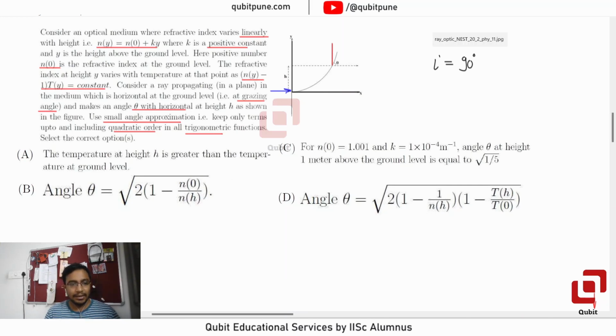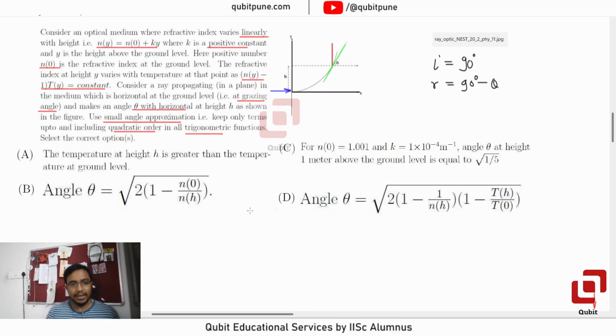If we draw the tangent to the curve at that particular point, the angle of refraction will be 90 degrees minus theta.